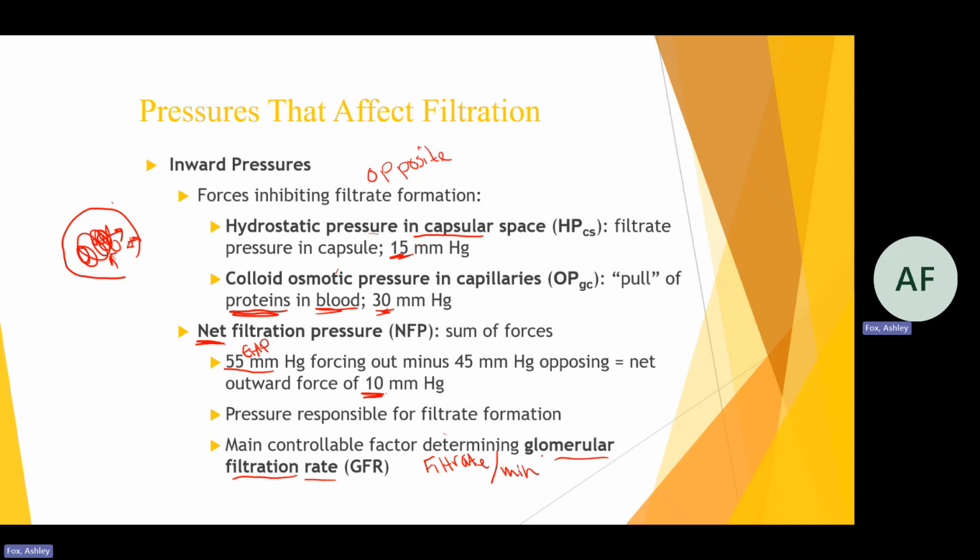So this is looking at how much filtration your kidneys are doing per minute. We can look at the health of the kidney by looking at GFR, glomerular filtration rate, to see if it's too high or too low. This is a value we can look at to make sure that our kidneys are doing what they're supposed to and are healthy.